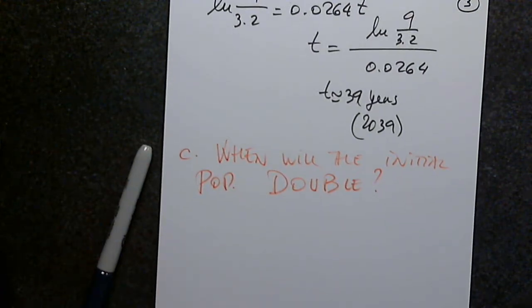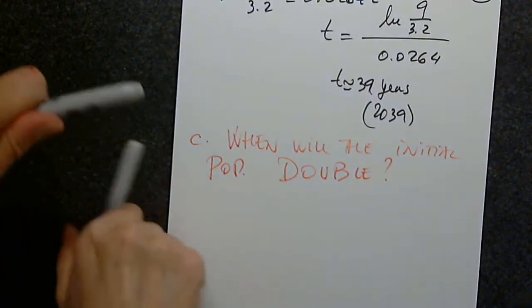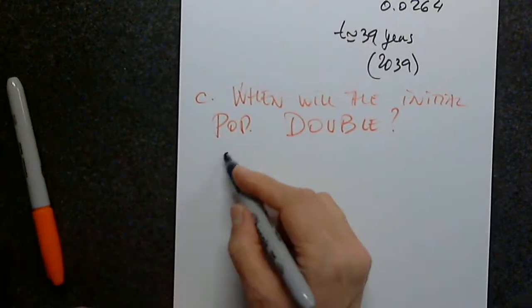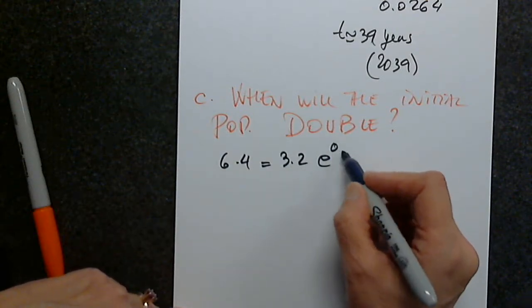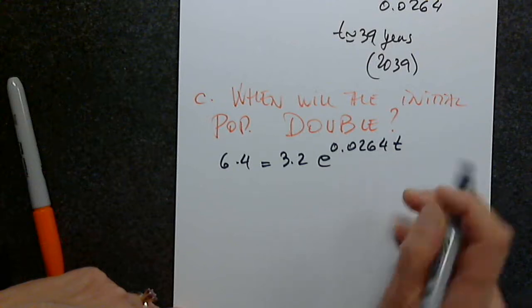When will it double? How do I solve this? You put in 6.4. Absolutely, 6.4. It's 3.2 e to 0.0264 t.